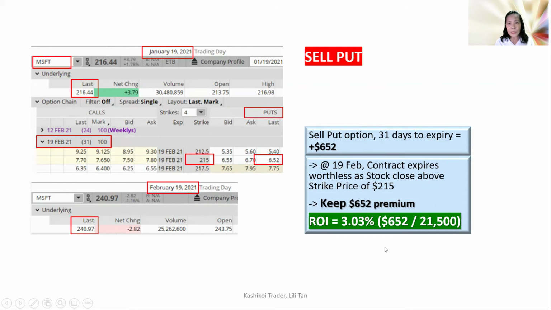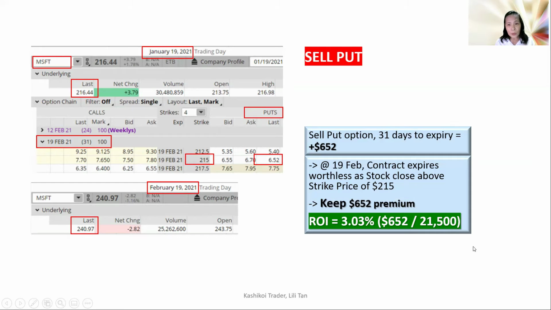It is low, you can see it, because of the amount that I am supposedly committed in this position. If the stock was assigned to me, should the price drop below the 215 strike price, I'm expected to acquire this stock at the agreed strike price, which is actually $21,500 for 100 shares.